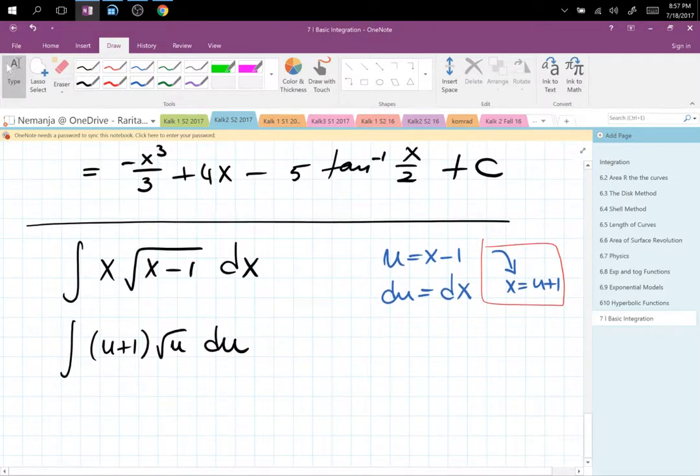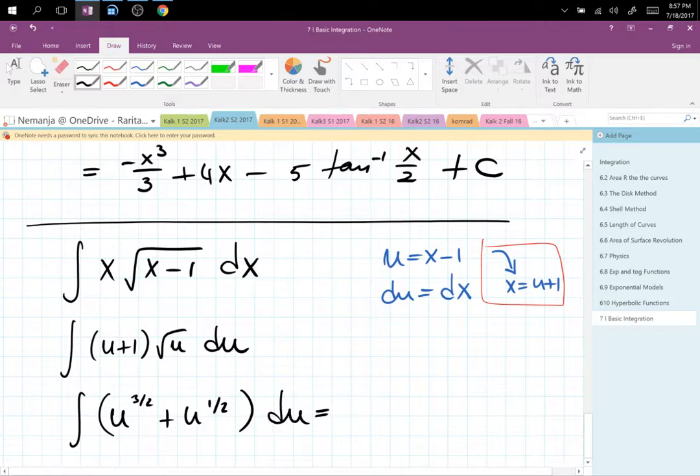So at this point you just distribute. Square root of u is u to the 1/2, right? So we get u to the 3/2 plus u to the 1/2 du, and we have it.